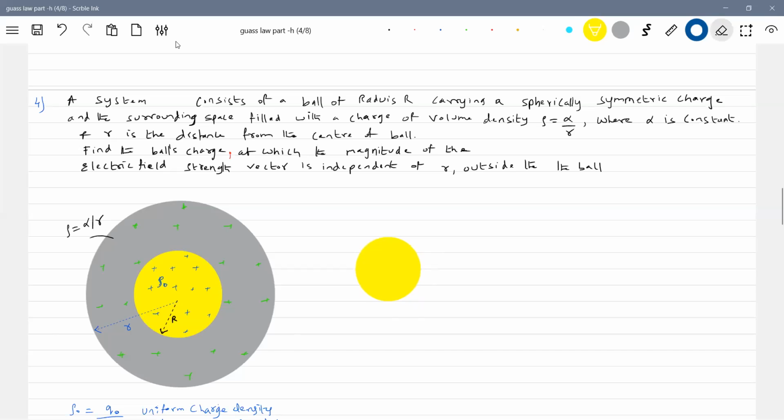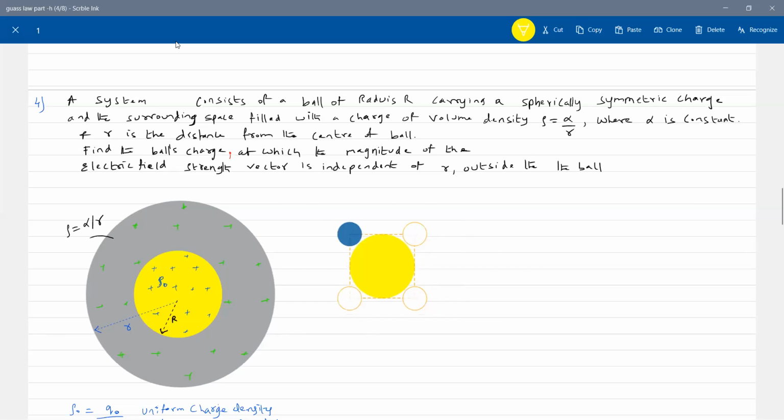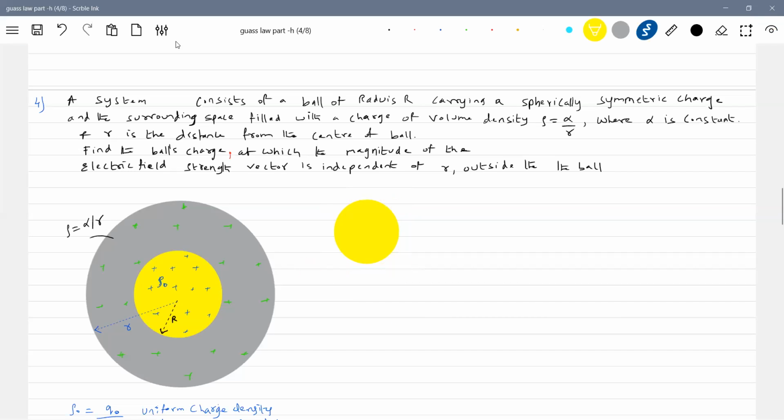Okay, first we'll calculate field due to this at a certain point, this one. What is the radius of this? The radius of this, let it be r. Charge density is rho naught. The total charge of this, Q naught, has to be found out.